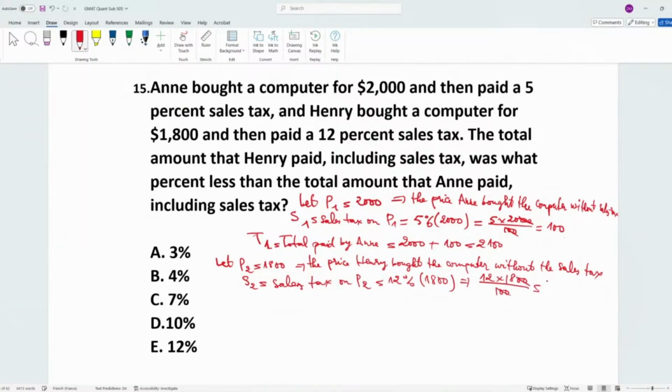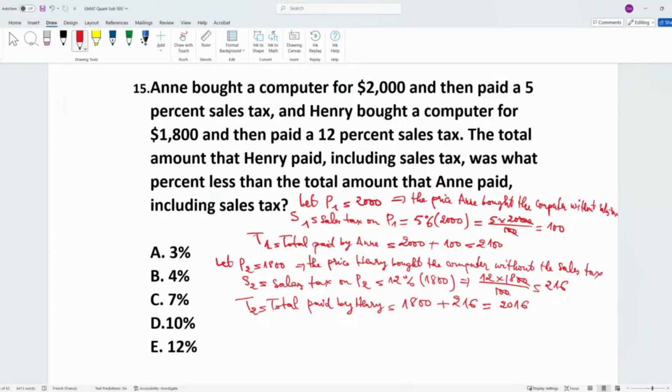Then we will have 12 times 18, which is 216. Then T2, which is the total paid by Henry, is going to be equal to 1,800 plus 216, which is going to give us 2,016.